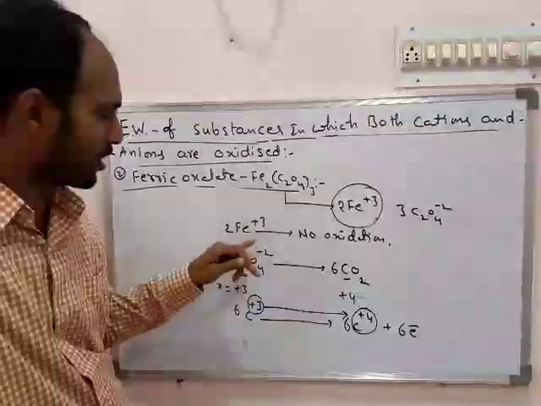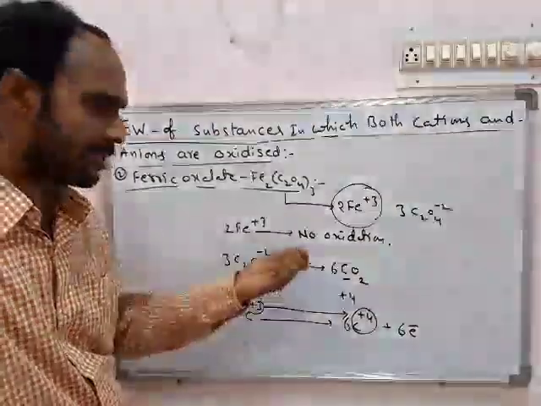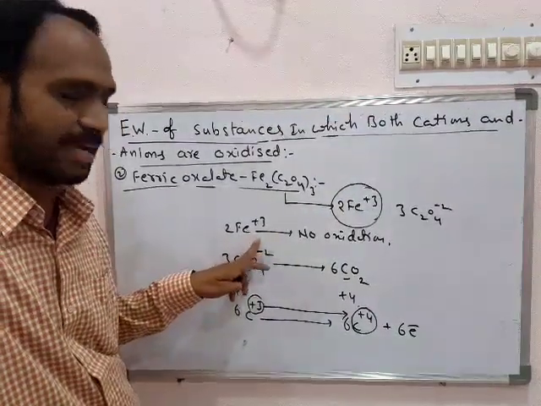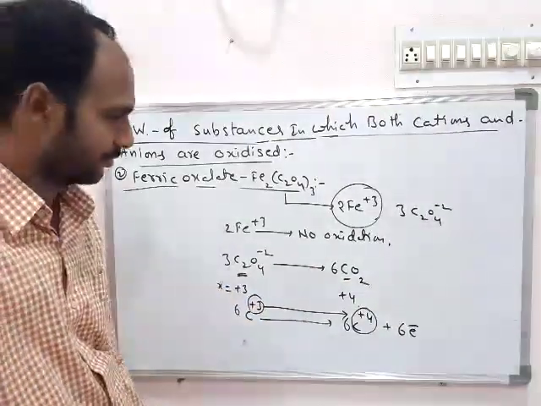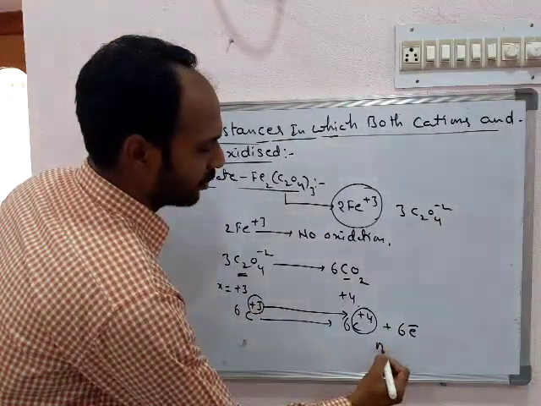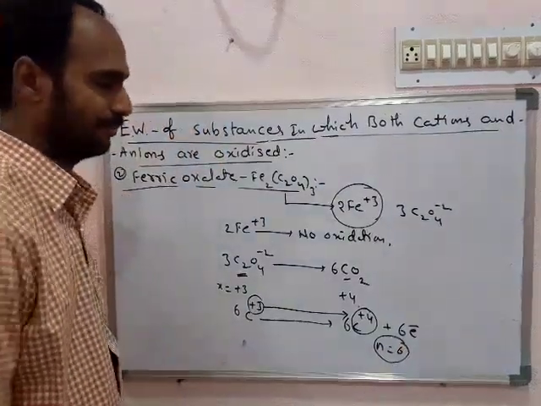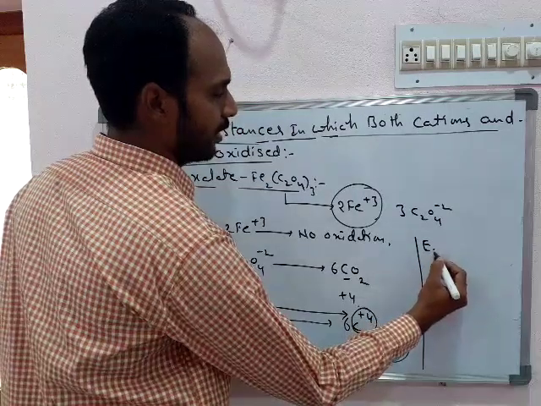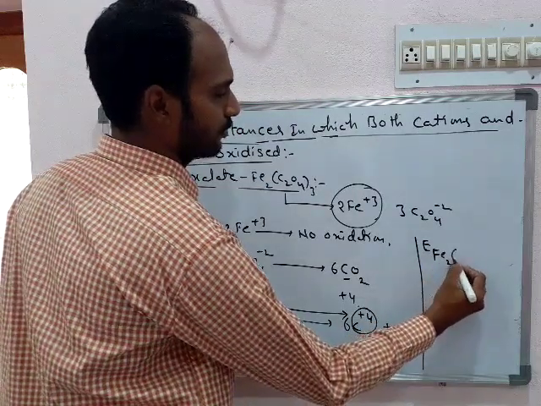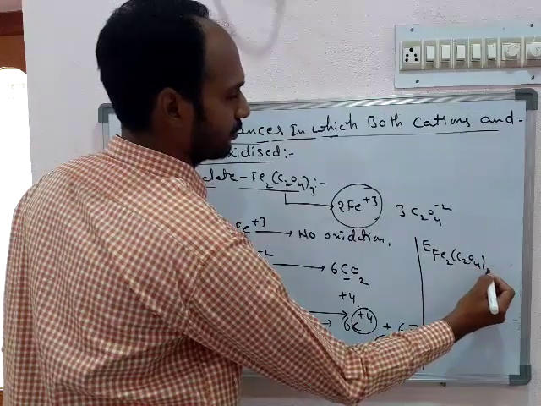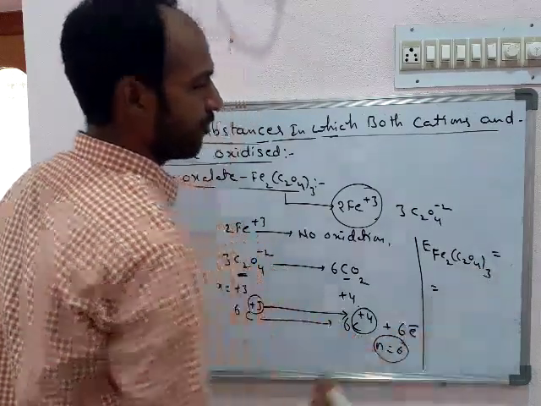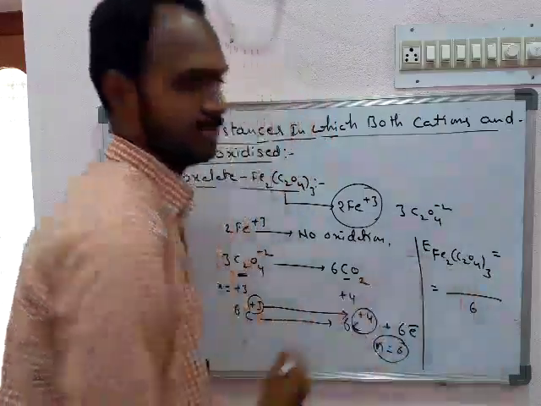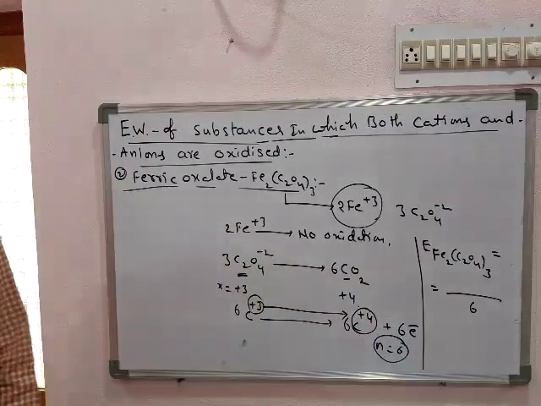Means we must know which cation can undergo oxidation and which cannot. Here in the ferric state, that is its final stage, it cannot be oxidized. So for the total reaction n equals 6. Therefore the equivalent weight of ferric oxalate is its molecular weight by 6. So what is the molecular weight?